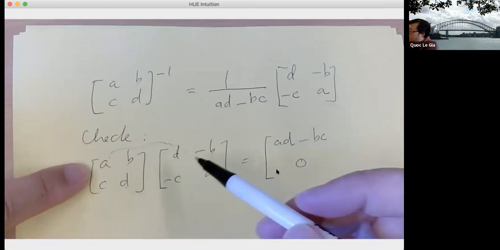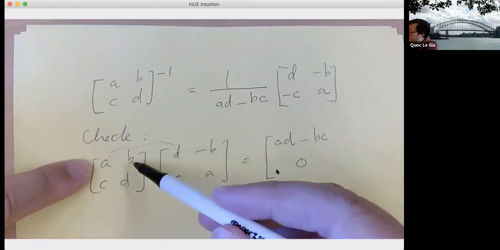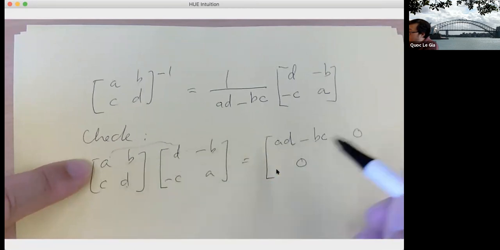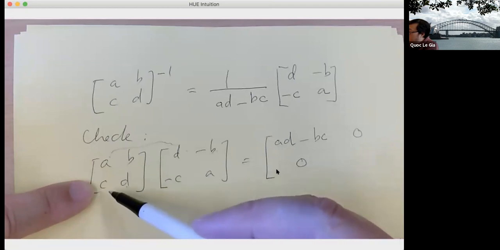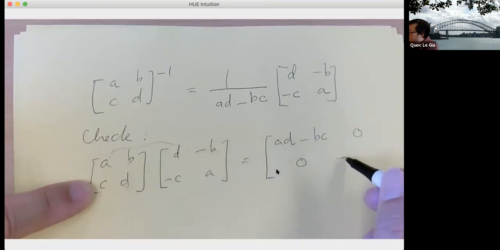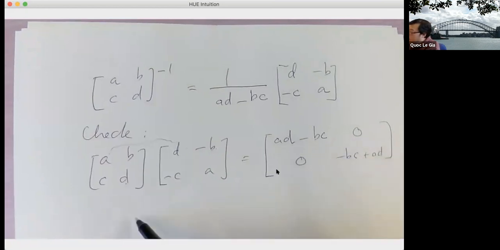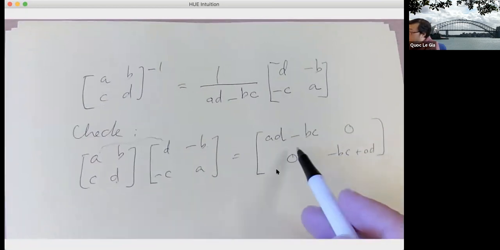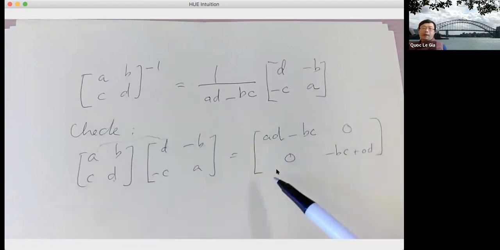And then you do it again, so now AB minus AB, 0 here. Then the next one is minus BC plus AD, okay. And if you divide it by the determinant, you get 1, 0, 0, 1 here. Okay, so this formula is correct, yeah.